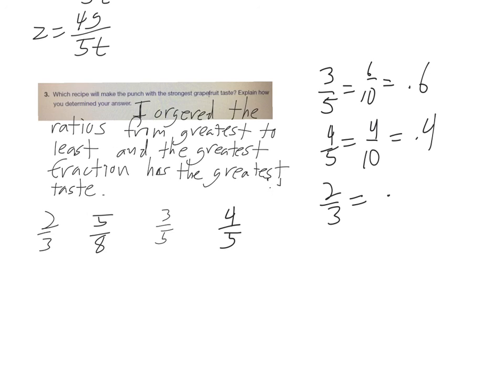It is 0.666 repeating. I made a mistake up here. This is 4/5 is equal to 8/10 is equal to 0.8. Sorry. So we can already see that 6/10 seems pretty low. So 3/5 is less than 2/3, which is less than 4/5. So we can come over here and start ordering them.